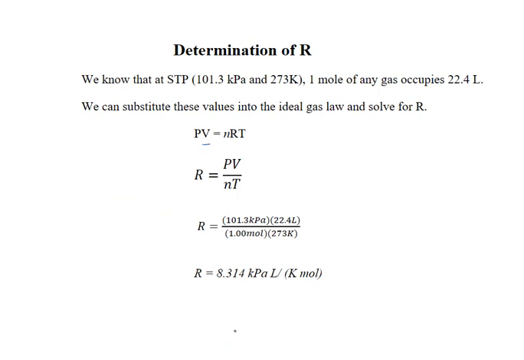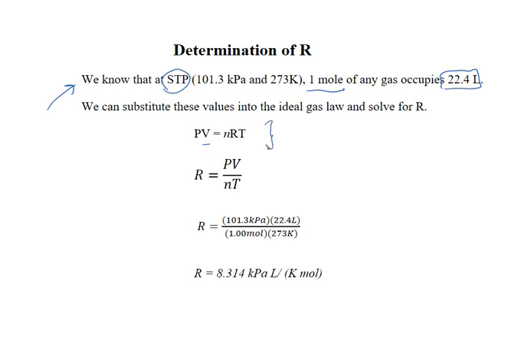So to determine the value for R, what we need to do is look at a point that we do know. We know from Avogadro's hypothesis that at STP, or 1 atmosphere and 273 kelvins, 1 mole of any gas occupies 22.4 liters.